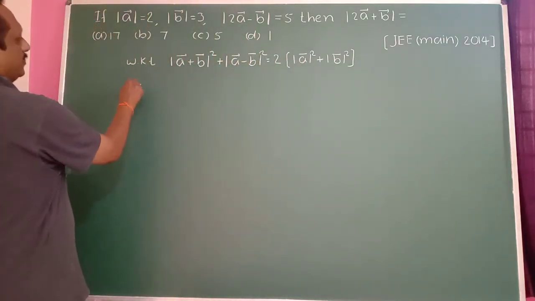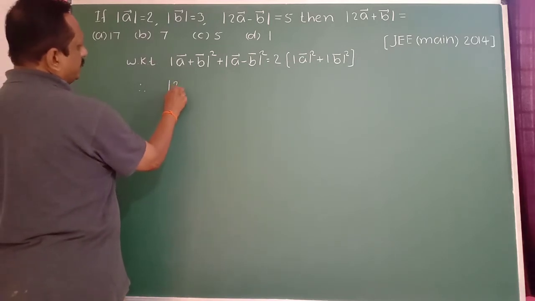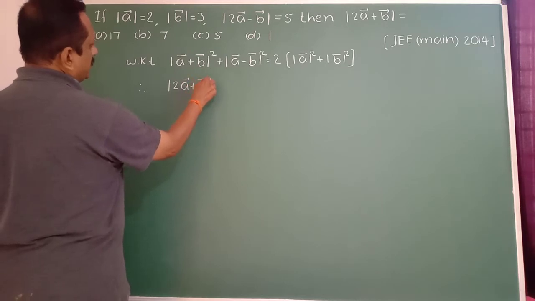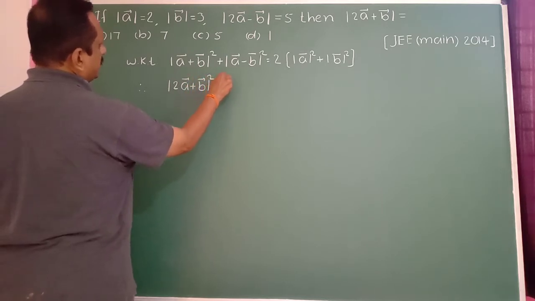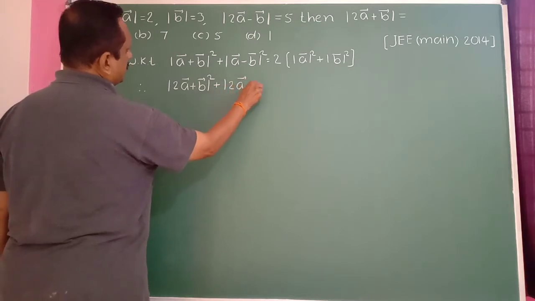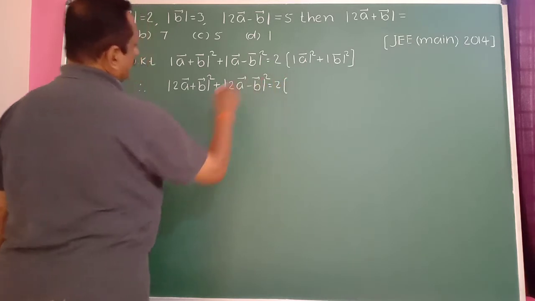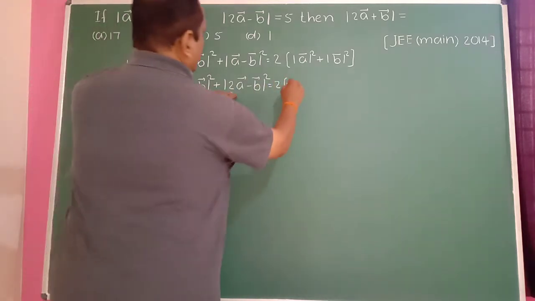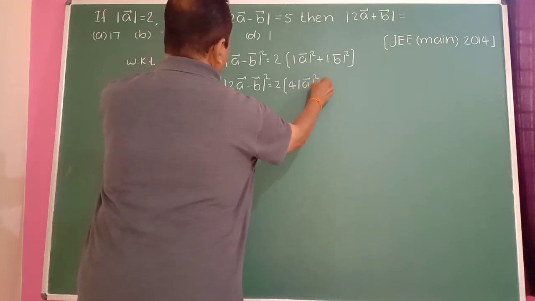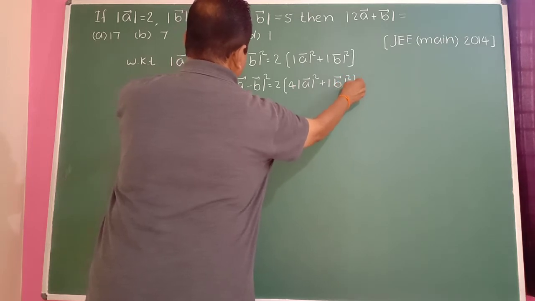Therefore, using this result, you can write modulus of 2a bar plus b bar whole square plus modulus of 2a bar minus b bar whole square is equal to 2 into 4 into modulus of a bar square plus modulus of b bar square.